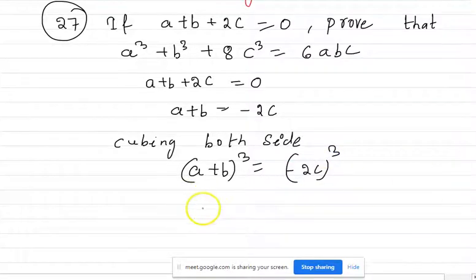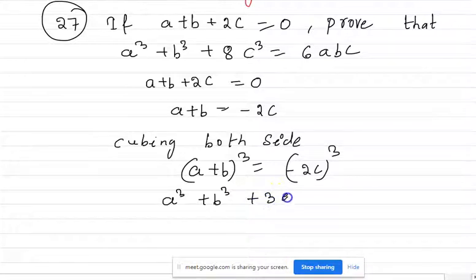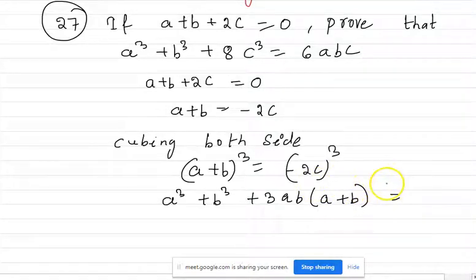So a plus b whole cube, what is the formula? a cube plus b cube plus 3ab times a plus b, this is the formula, is equal to minus 2 cube, which means minus 8c cube.